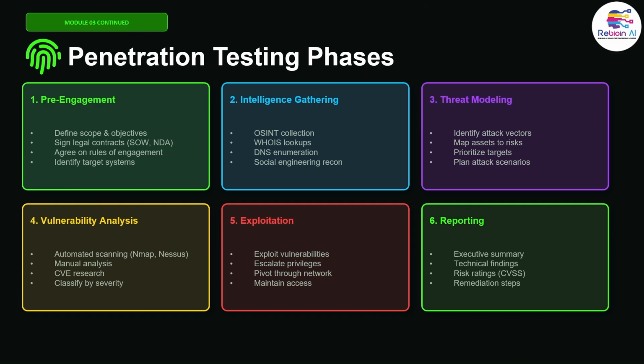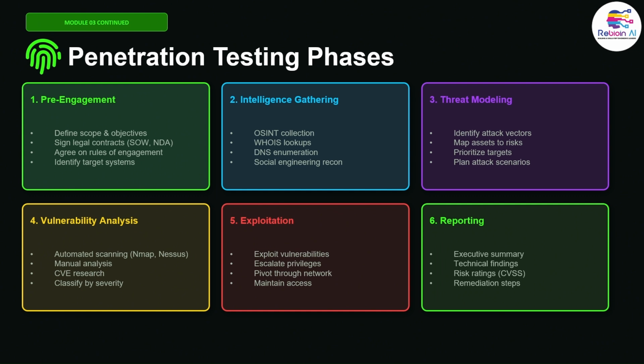Phase 5, exploitation. You actually try to exploit the vulnerabilities you found. If successful, you try to escalate privileges, pivot to other systems, and demonstrate how far an attacker could get.